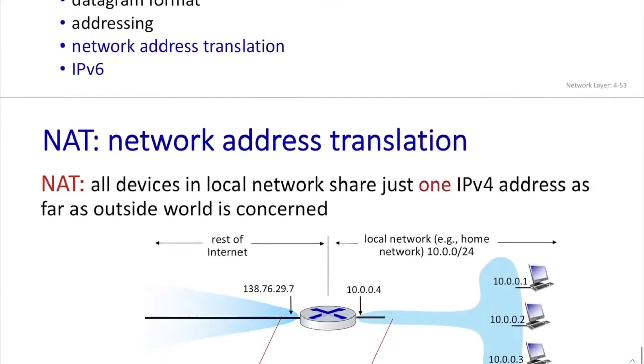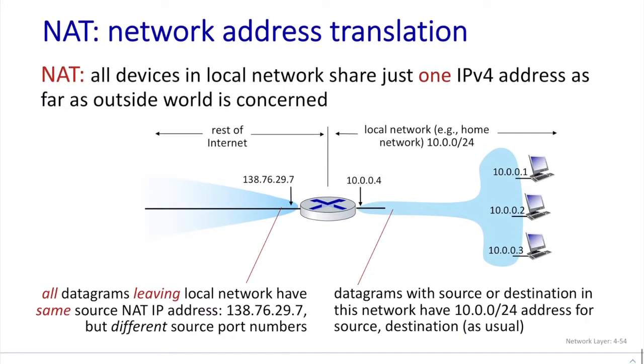The next topic we are talking about is NAT, network address translation. I think you have heard of one thing: the IPv4 addresses are already used by all the organizations. We don't have any new IPv4 address that can be used, right?